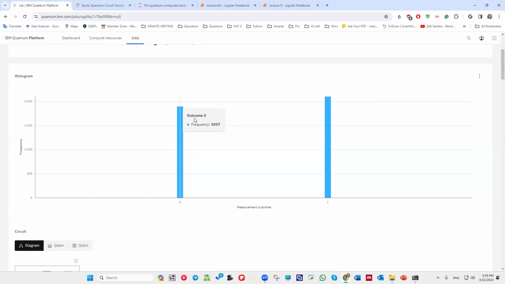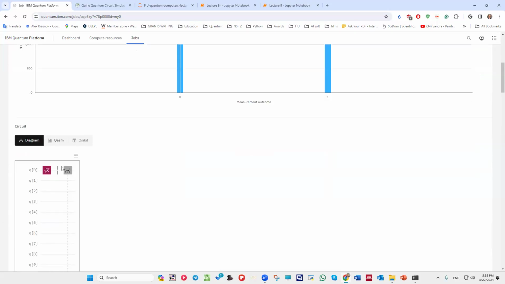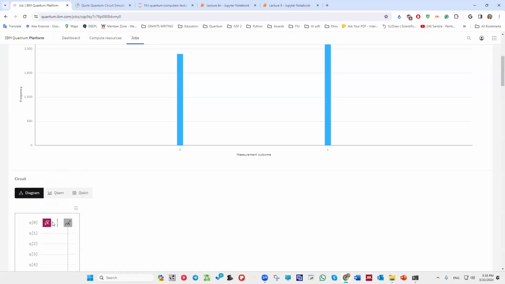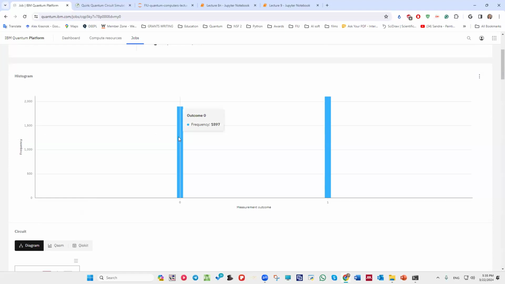So this circuit is chosen so that theoretically, if the circuit were perfect, the result would be 50-50, 50% here, 50% here. In the actual simulation, we notice a discrepancy between the two.